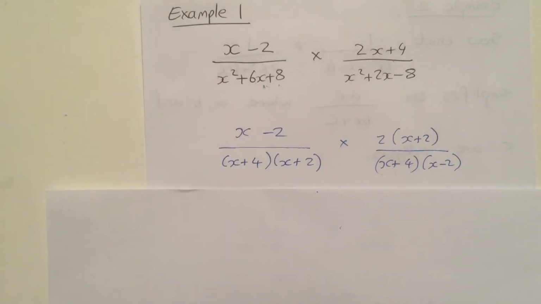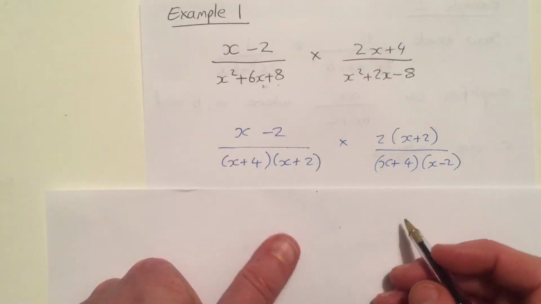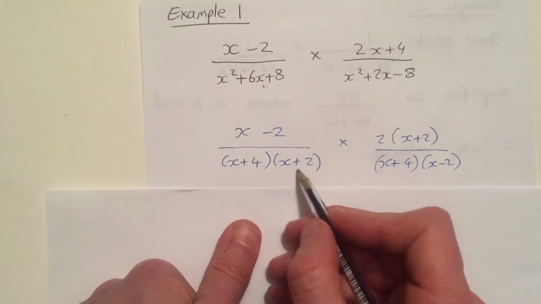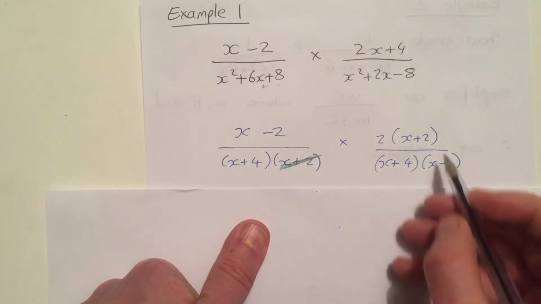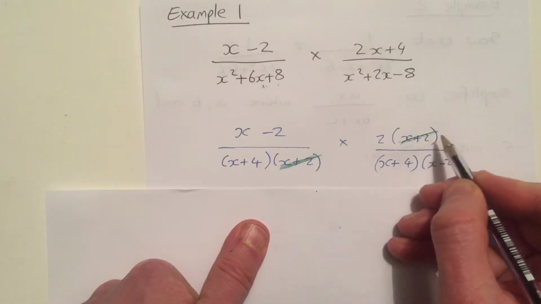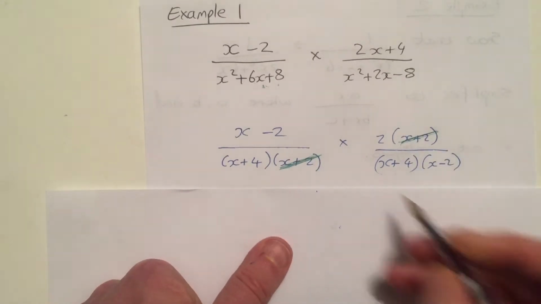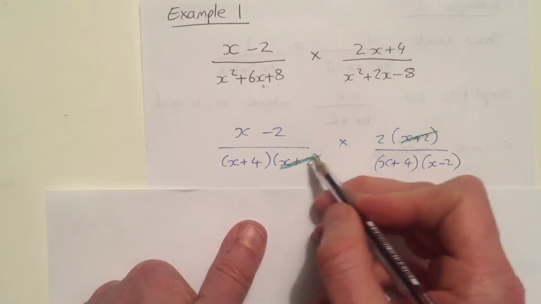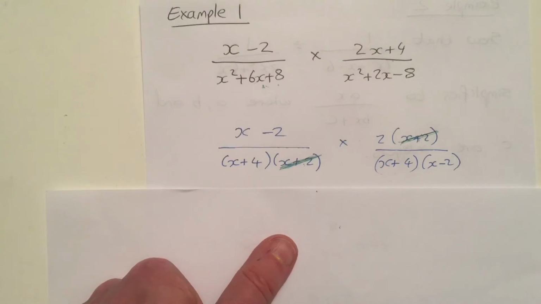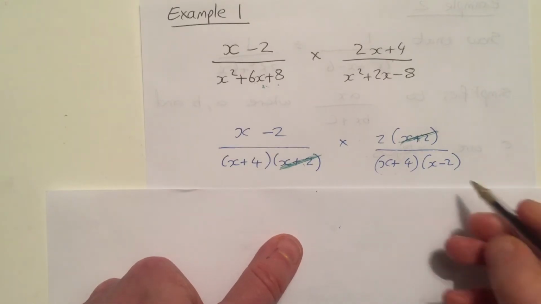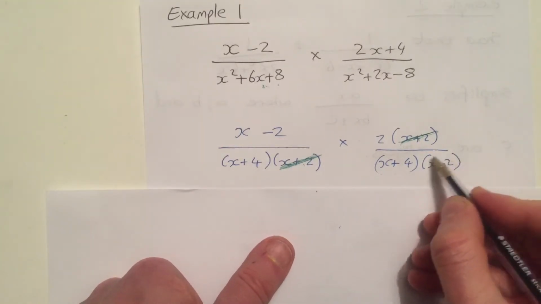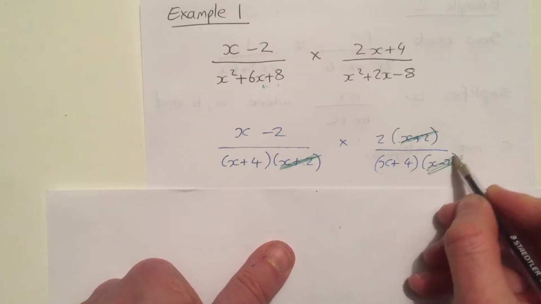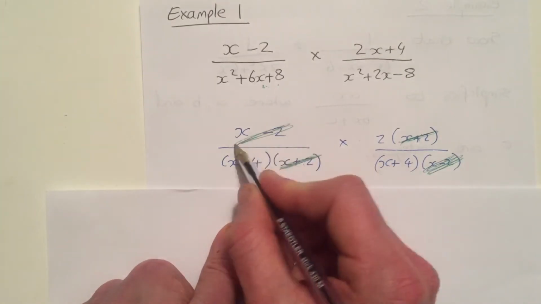Now we've done all of this factorising, I can see that I have got an x plus 2 on the denominator here and an x plus 2 on my numerator over here. So they're going to cancel out. There's no point me multiplying by x plus 2 and then dividing by x plus 2. They'll just cancel. And similarly, I can see I've got an x minus 2 here and an x minus 2 over here.